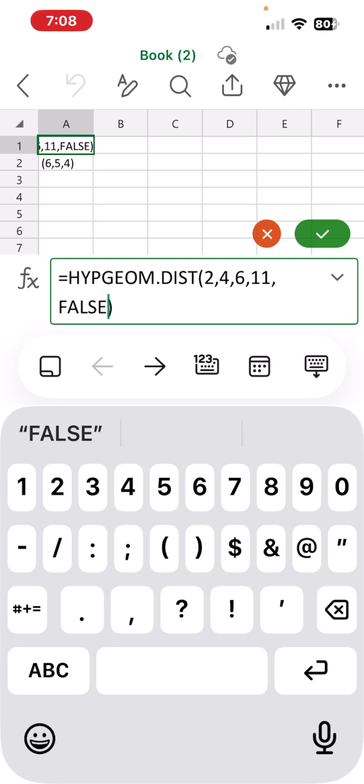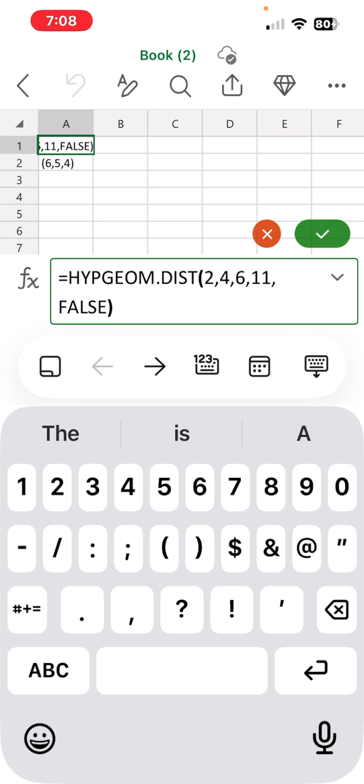If this is a lottery and you win a raffle, that number does not go back in the raffle box. Once you take that number out, once you win using that number, it is permanently removed. So in this case, 2, 4, 6, 11, false.